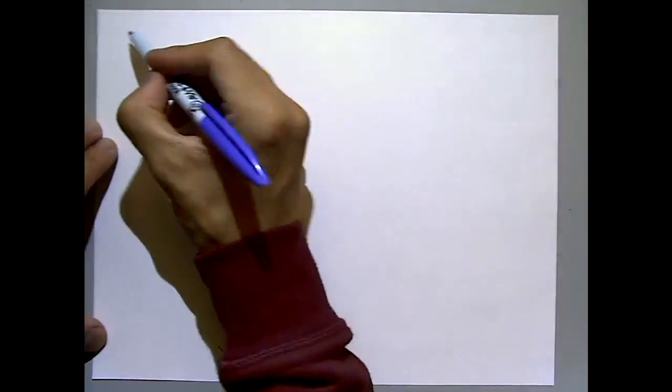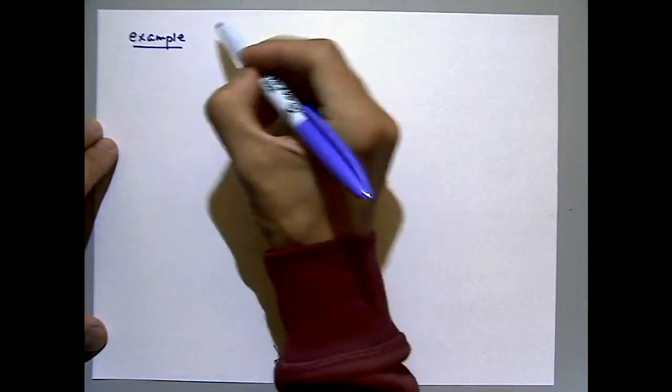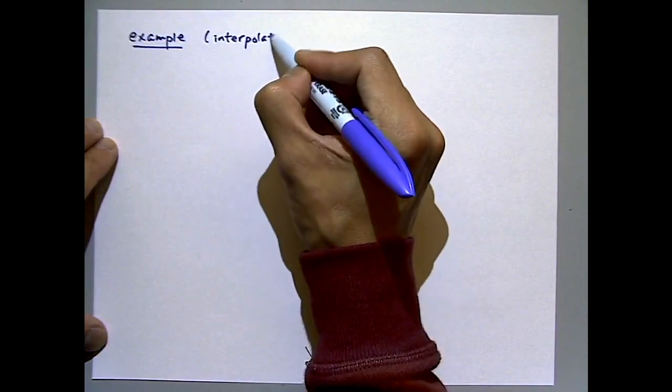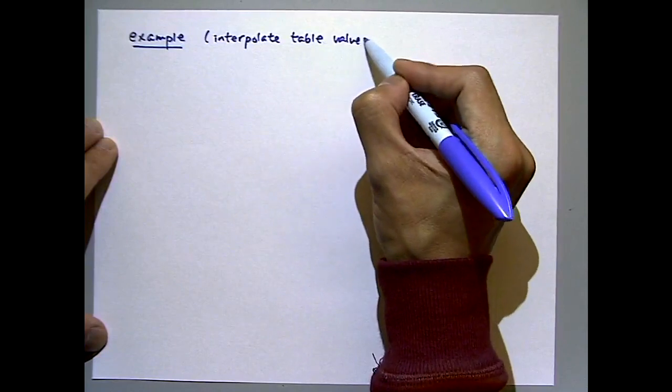All right, now let me give you an example. This actually may come in handy when you're, for example, looking up a table of values. So this is where we interpolate table values.